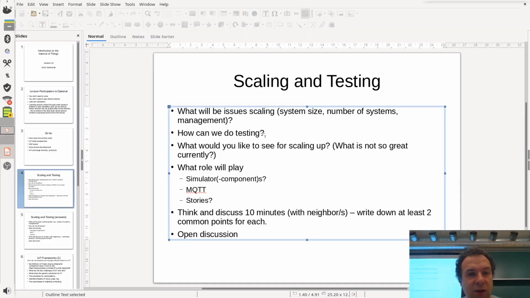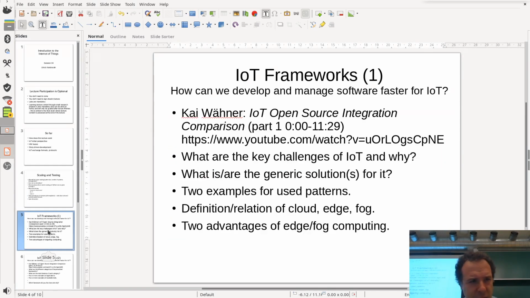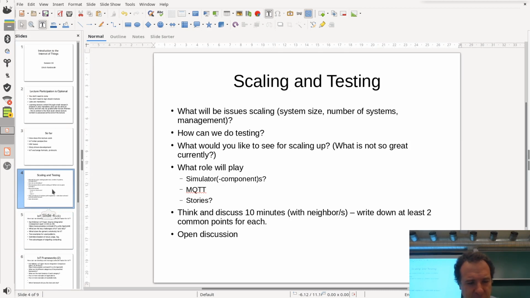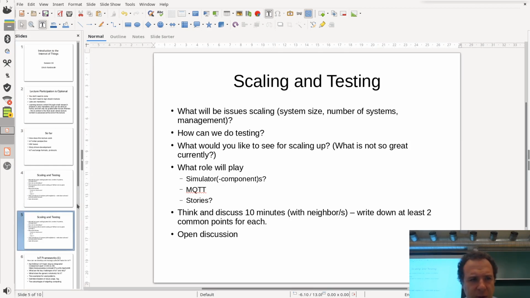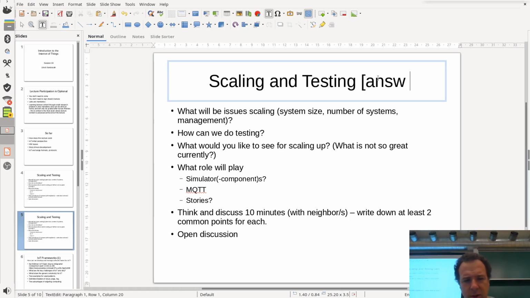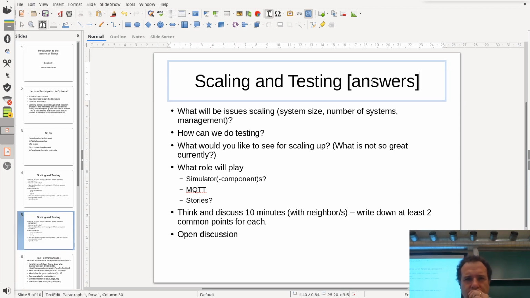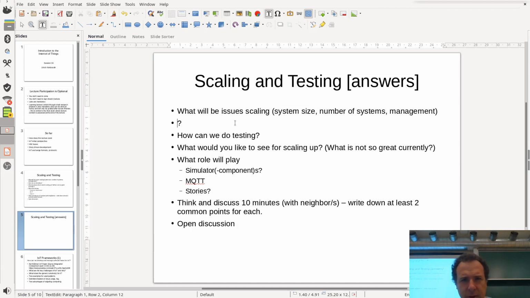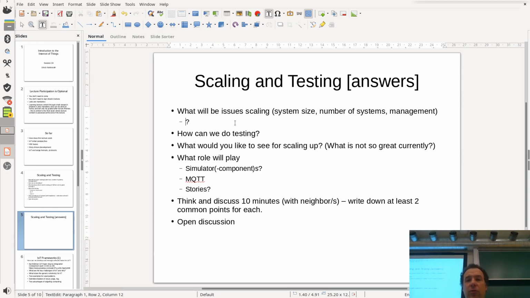Let's go to the answer part, and I need to make a copy of this because I changed that. So in general, what will be the issues? I've heard tons of issues.